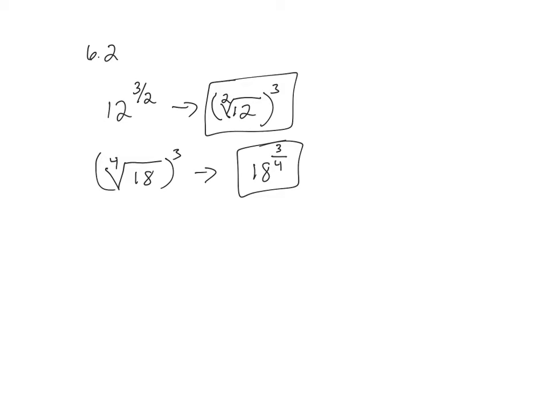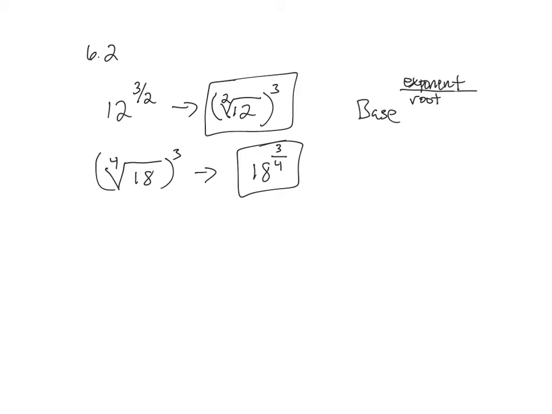Okay, so what you really want to remember is we have a base, that's the 12 or the 18, and for the fraction, the numerator is the exponent. I should have written exponent. And then the denominator is the root, square root, cube root, and so on.